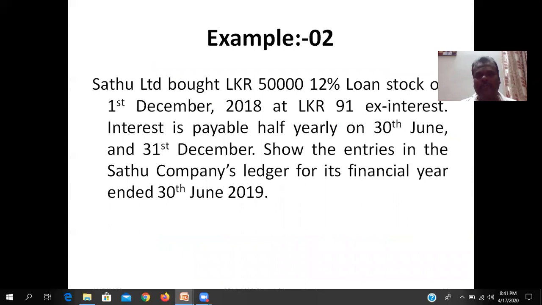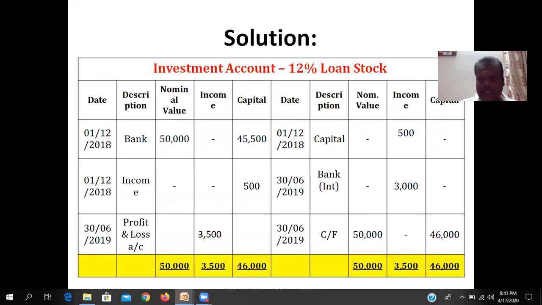So how do we compute? 50,000 nominal value divide by 100 into 91. Why we divide by 100? If the purchase value per loan stock is 91, which is closer to the 100, we assume the per loan stock value is 100. So then 50,000 divided by 100 into 91, the total capital value would be 45,500.